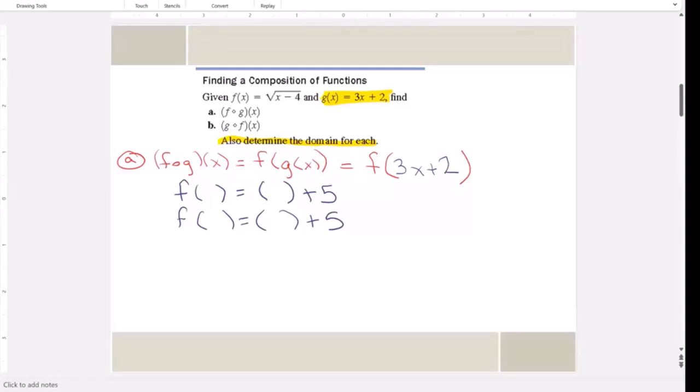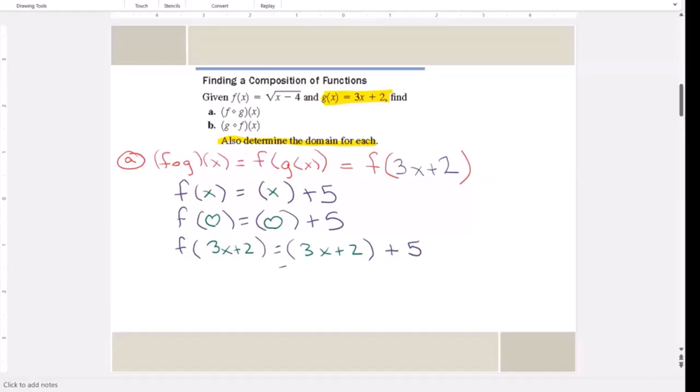Right? So if this is x, then this is x. If this is a heart, then this is a heart. What do we have now? We have f of 3x plus 2, which is going to equal 3x plus 2 going inside my parentheses, plus 5.